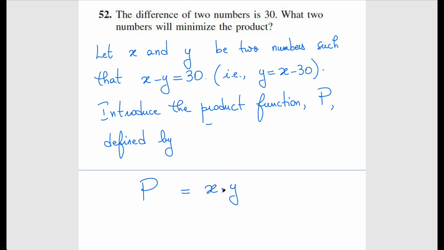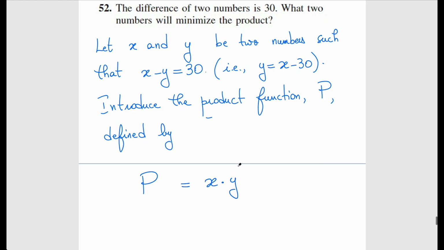It looks like this is a function in two variables, x and y. No, this is a function in one variable because you have a relationship between x and y, right? You can rewrite y in terms of x, correct? If you rewrite y in terms of x, meaning replace it by this piece, it becomes a function in one variable.